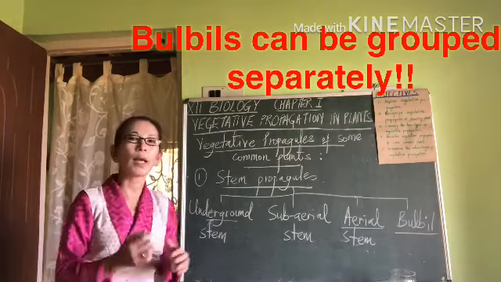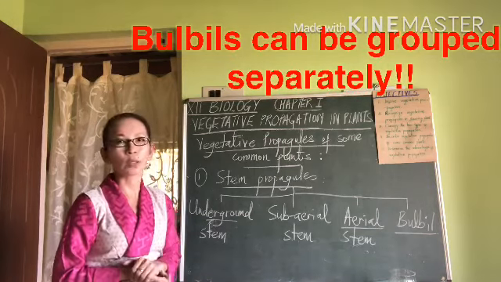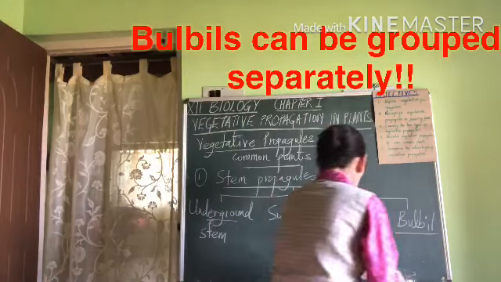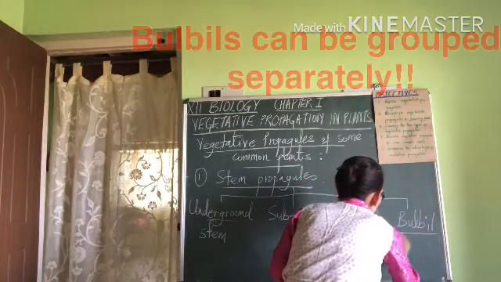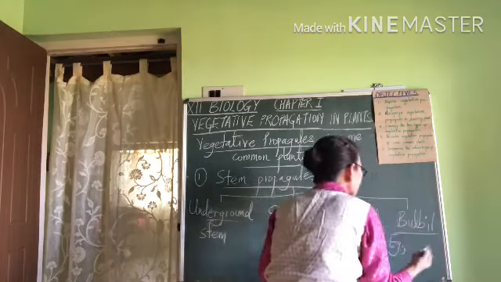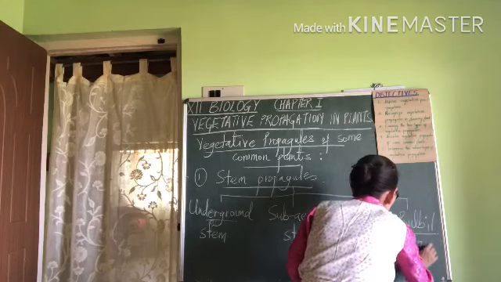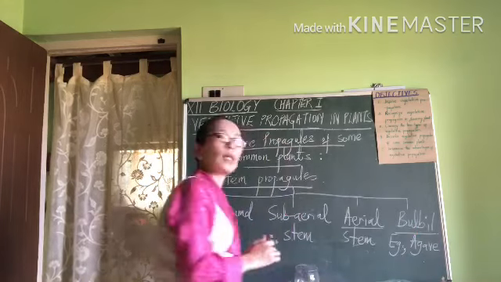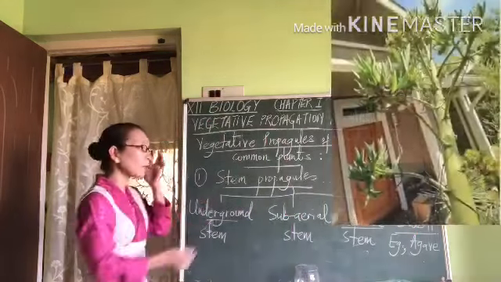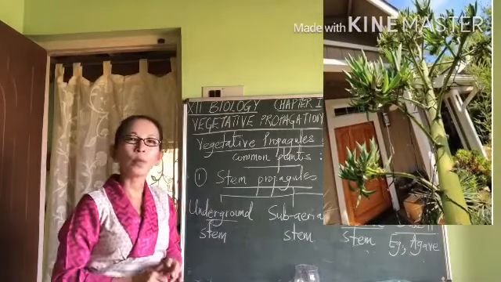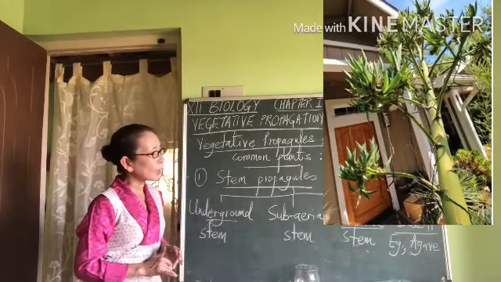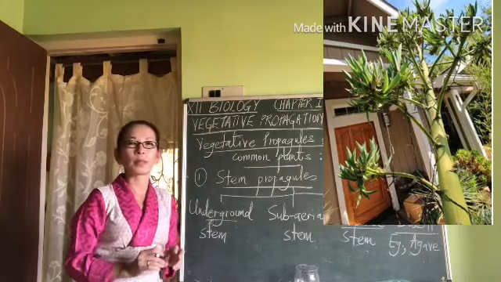These are not true bulbs, but they are tiny bulb-like structures. And these bulbils are a common occurrence in a plant such as agave. This is an example which is given in your textbook as well. So we have a common plant known as agave, and in agave they have bulbils.